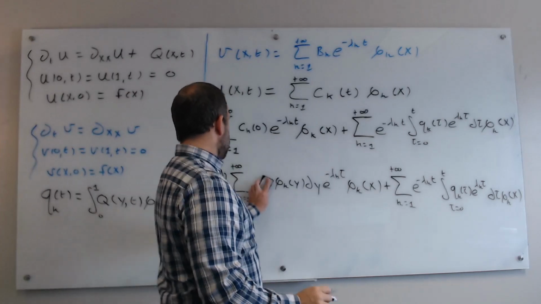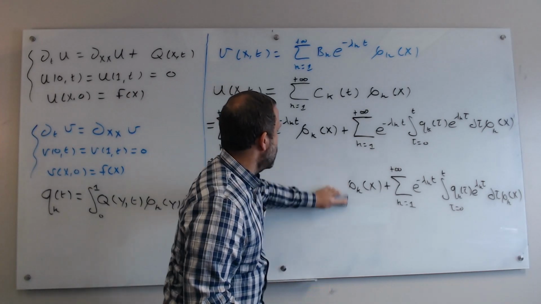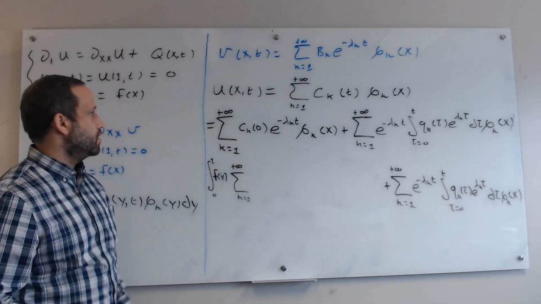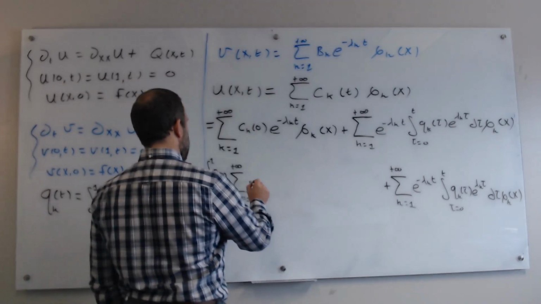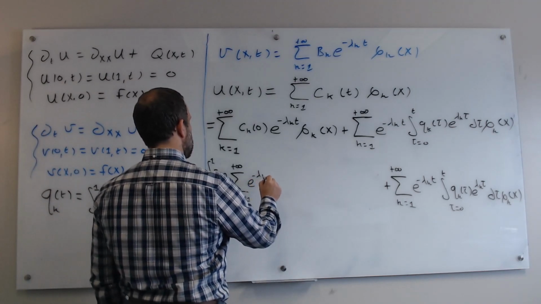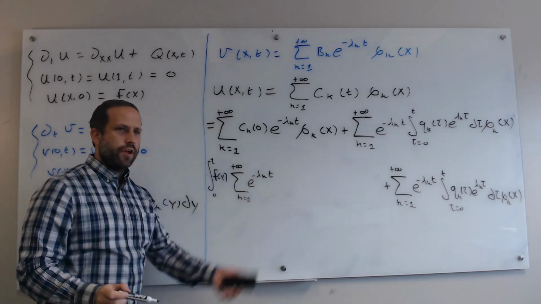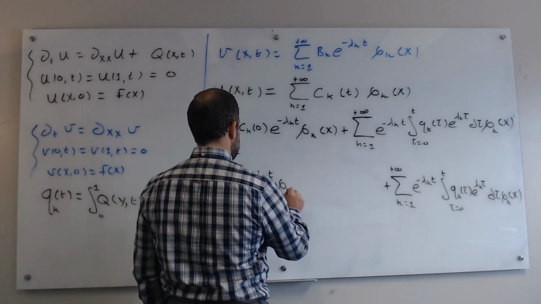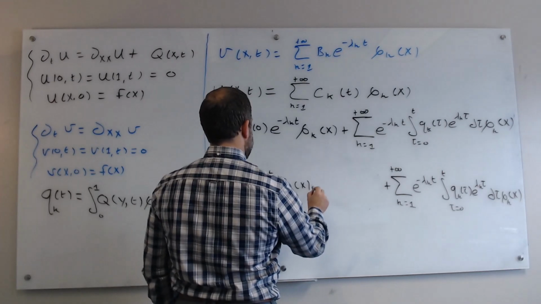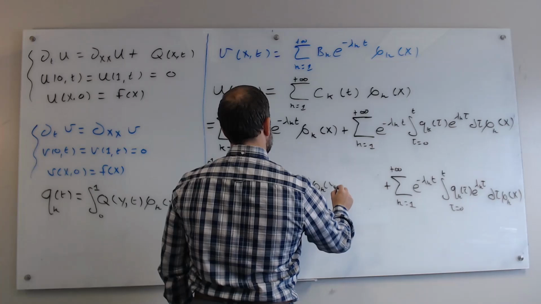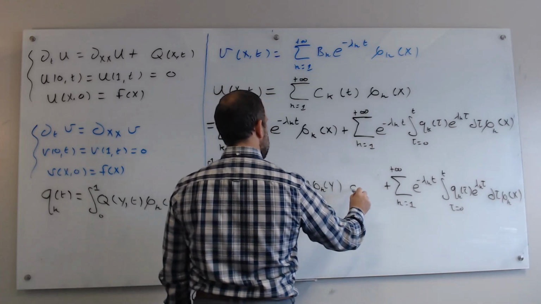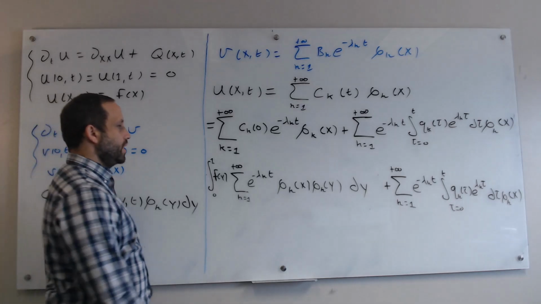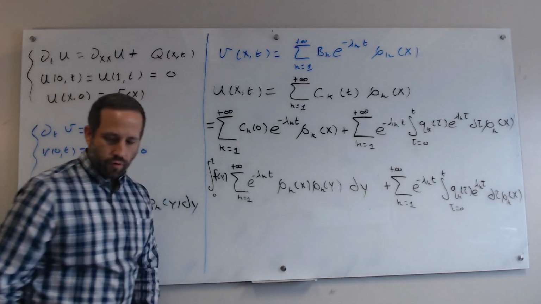So now the f of y is already there, so I'm going to have v_k of y. I wrote tau there instead of t, but I should have written t. So we're going to have e to the minus lambda_k t, v_k of x, v_k of y, dy. Okay, we've seen arranging it this way before.